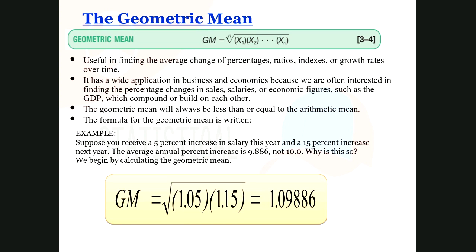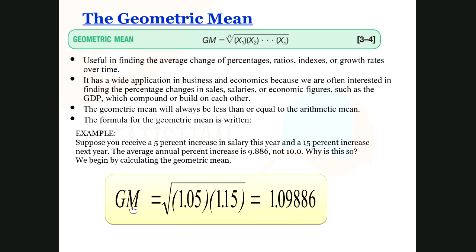So it's used in business and economics because you're often interested in finding percentage changes in sales, salaries, economic figures such as GDP, which compound or build on each other. And the geometric mean will always be less than or equal to the arithmetic mean. And it's written as follows here.